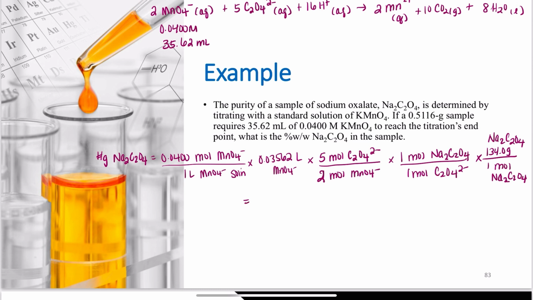Overall, I get out here 0.477 grams of Na2C2O4. But again, I want the percent in the original sample.